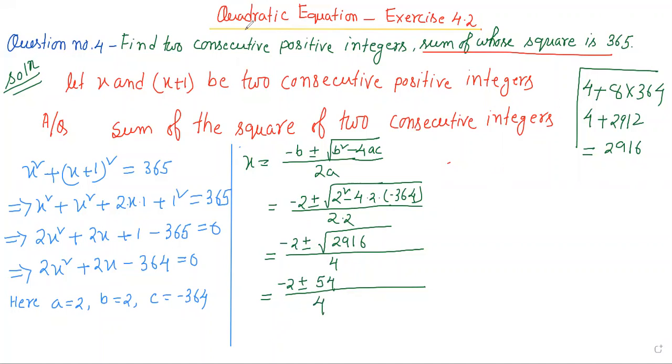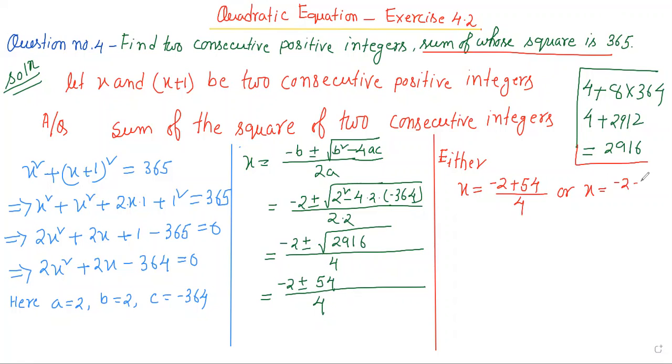Okay, now either x equal to minus 2 plus 54 by 4, or x equal to minus 2 minus 54 by 4.